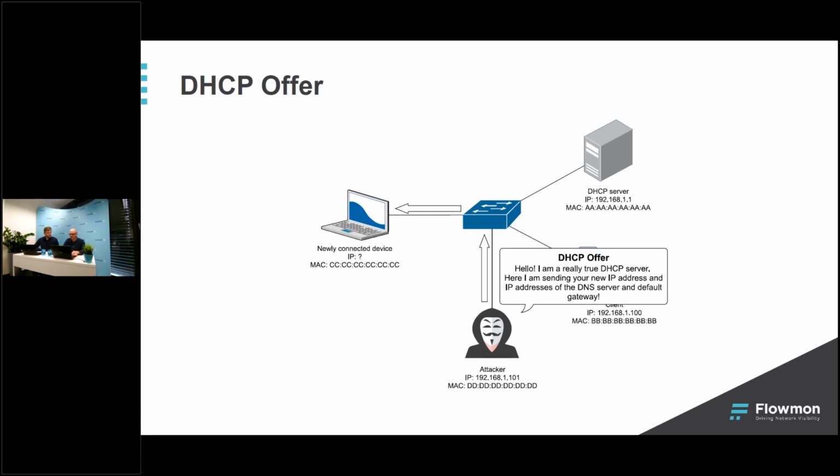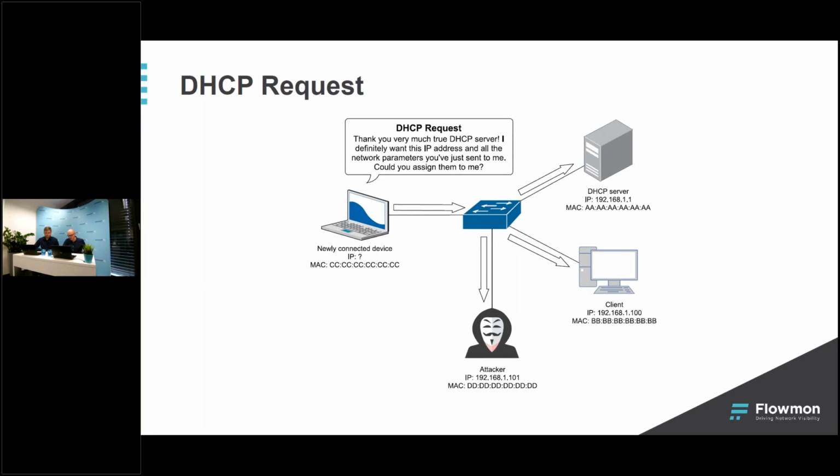Okay, when the newly connected device receives this DHCP offer, it sends a DHCP request to the attacker, because the newly connected device has no idea that it is not a legitimate DHCP server.